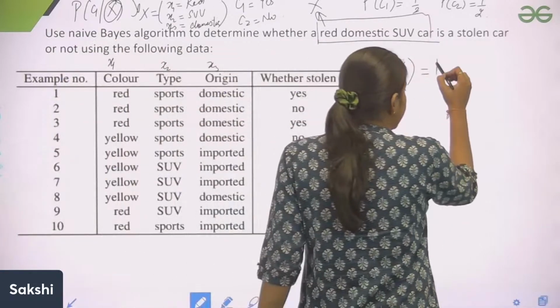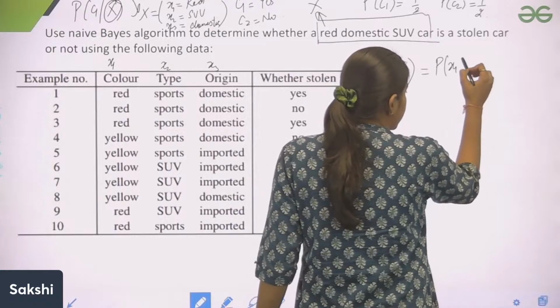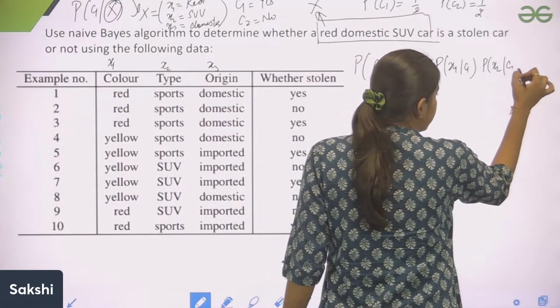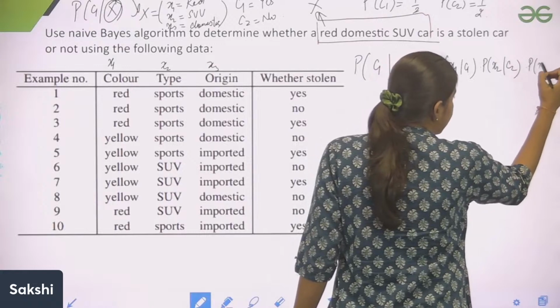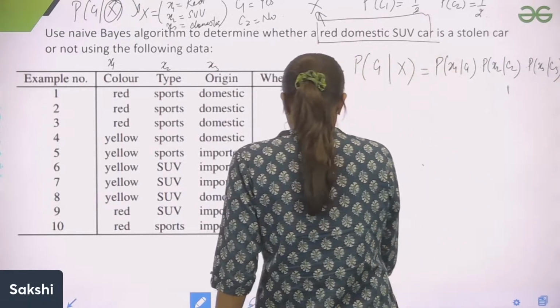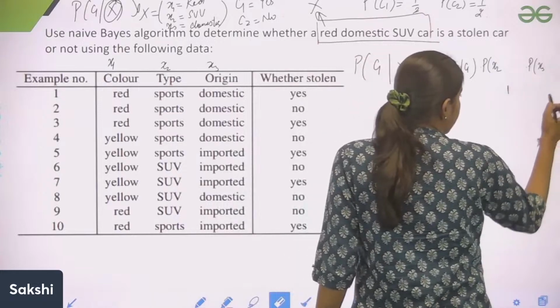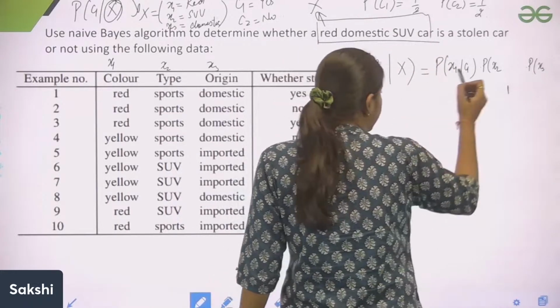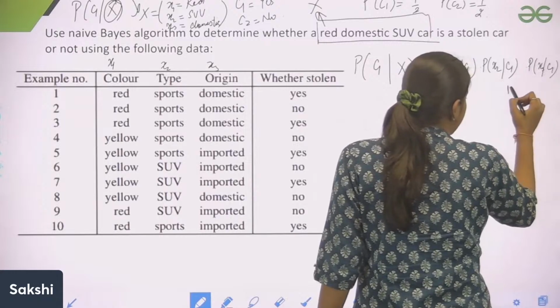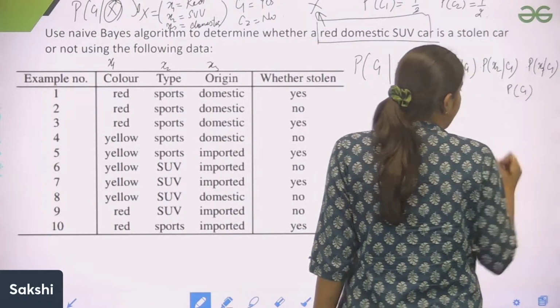So guys, it would be probability x1 given c1, into probability x2 given c1, and into probability x3 given c1, into probability of c1.